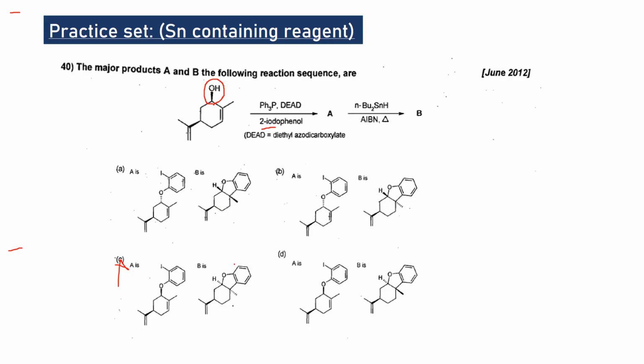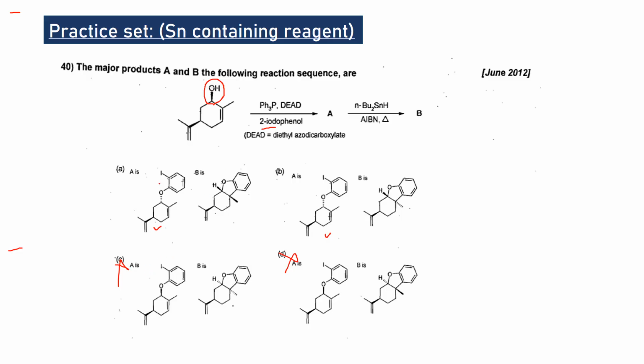So the correct option will be between A and B. C is already cut. Our A will be this one, where this iodophenol attacks from below the plane. In the next step they added Bu3SnH.